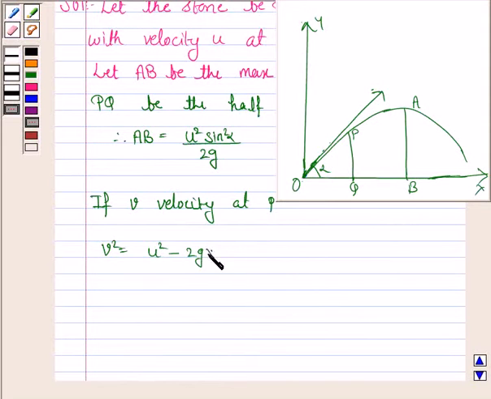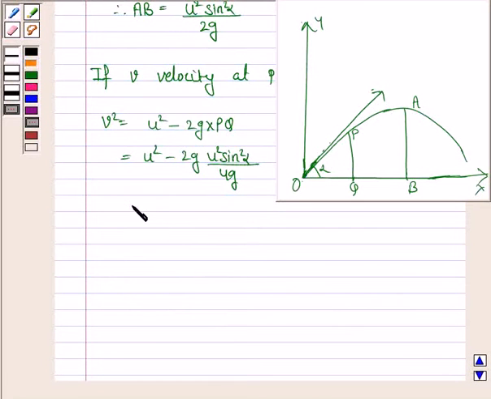So it is u square minus 2g into u square sin square alpha upon 4g. Now 2g gets cancelled with 2g here, and we have u square minus u square sin square alpha upon 2.